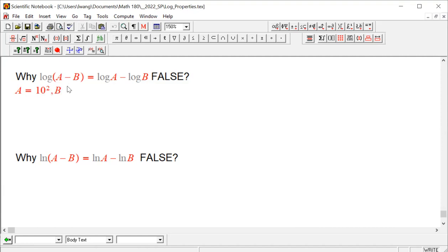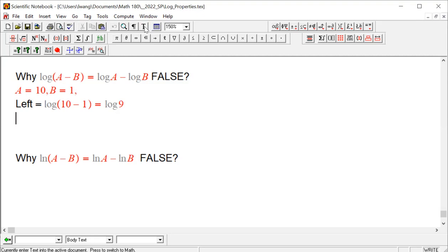For B, I'm going to use 1, as simple as possible. My left-hand side, I start from the left again. How about we just make it 10 minus 1. So we get log 9.